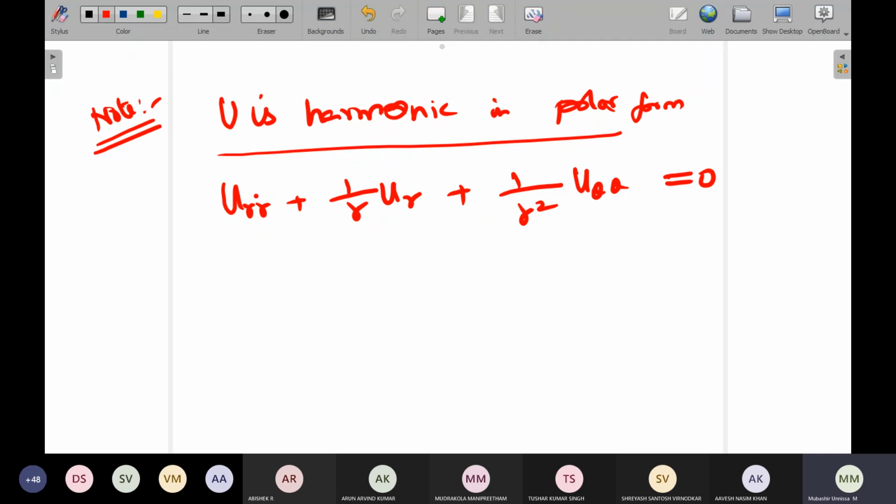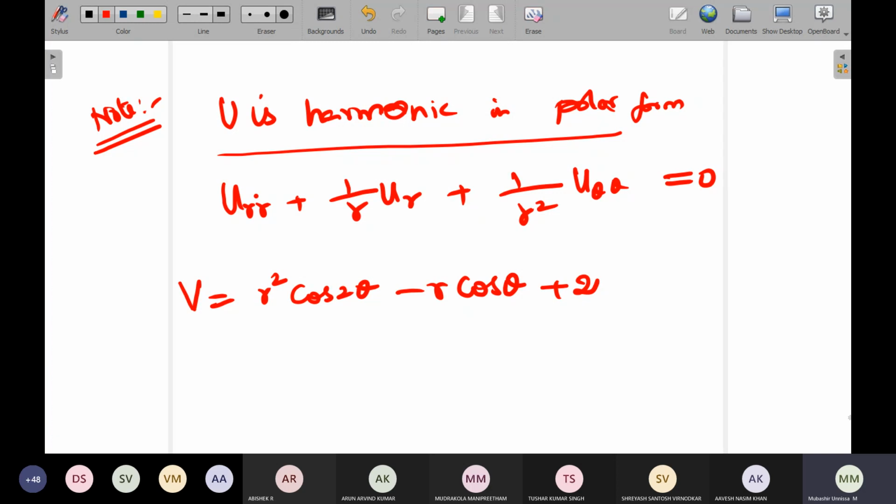You can take down the function v equals r square cos 2 theta minus r cos theta plus 2.